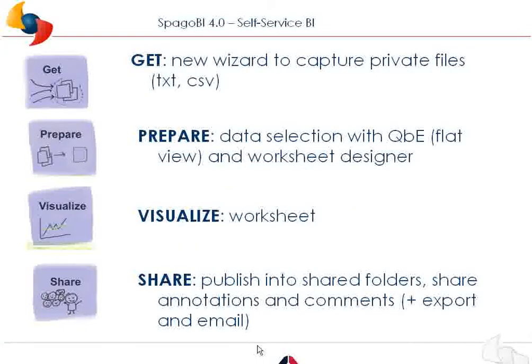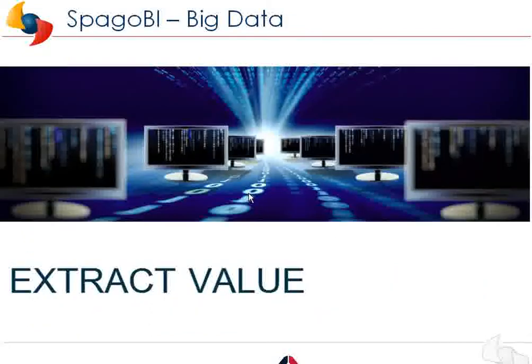Okay, and finally, let me come back to other hot topics in SpagoBI 4.0, which is big data. Big data is important for business intelligence, mainly in order to provide some sources of data where we need to extract information and extract value.